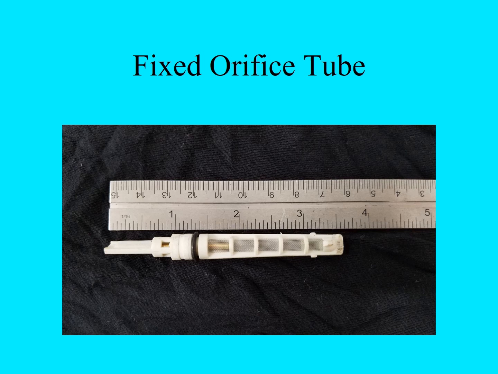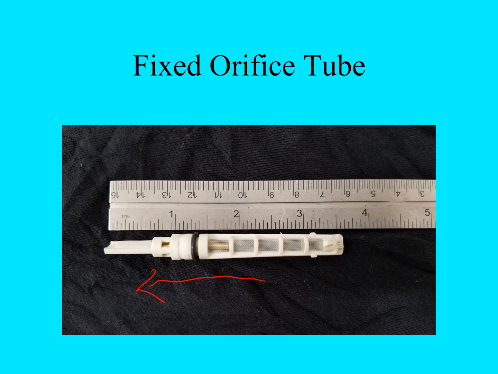This is just a picture of the orifice tube, to give you an idea how large it is. All of these seem to be a standard length. This one here is shown about 3.5 inches long, and this does show you the fine mesh screening to protect the orifice tube. Direction of flow is going to be this way.